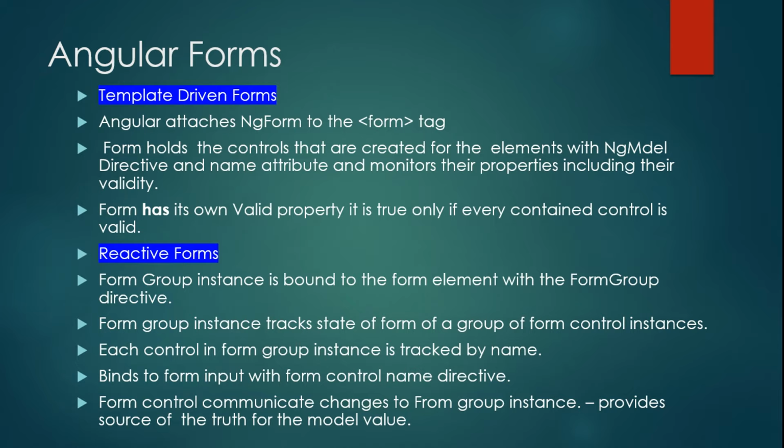We define a FormControl instance within a FormGroup model so that when there is a change in the child control, it communicates to the FormGroup instance. That's why the FormGroup model is the source of truth. So if you would like to get the value of a particular child control or the validity of that child control's data, we access it through the FormGroup model.